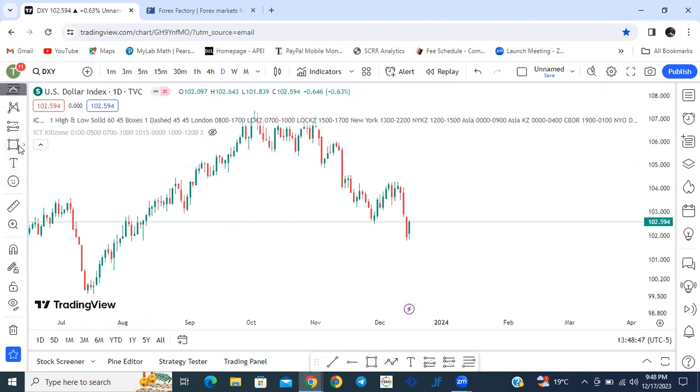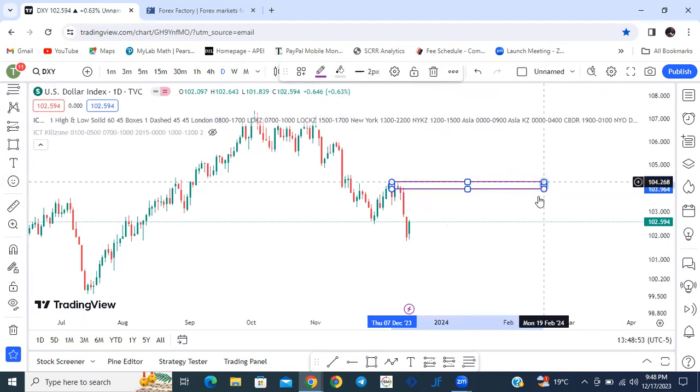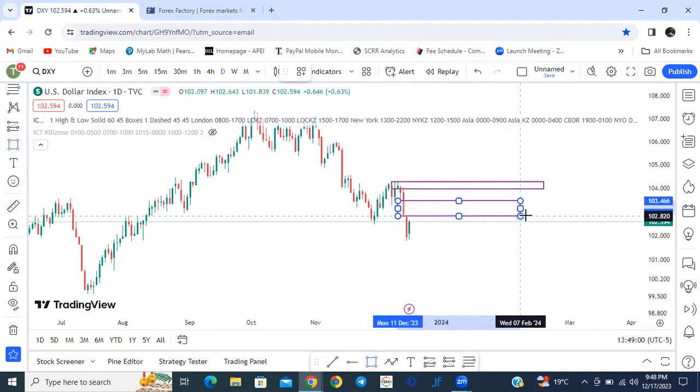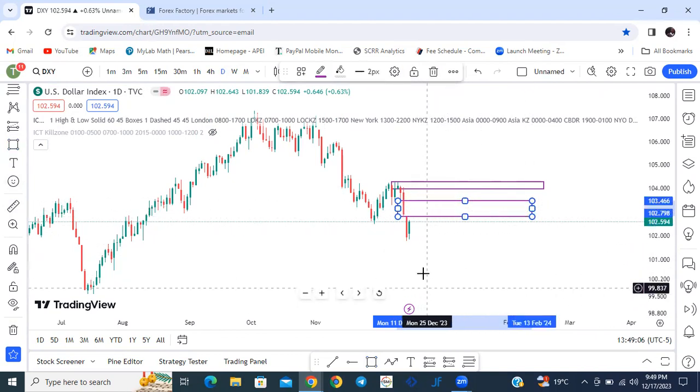From the daily time frame, we had the supply area here that was also tested. Also, we have a fair value gap. I'm anticipating the price to come to this fair value gap and then push slightly on the downside.